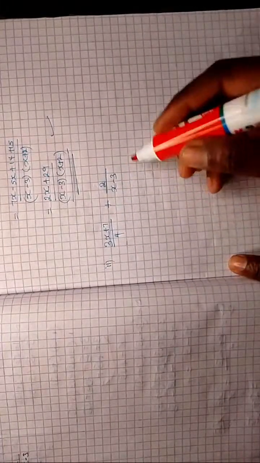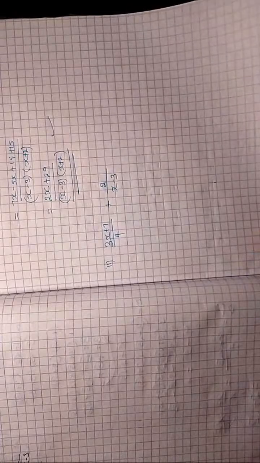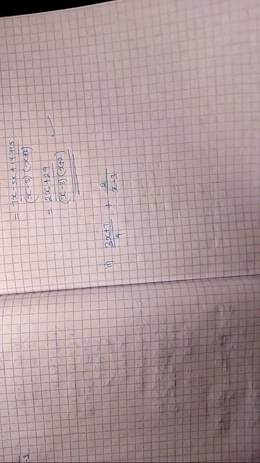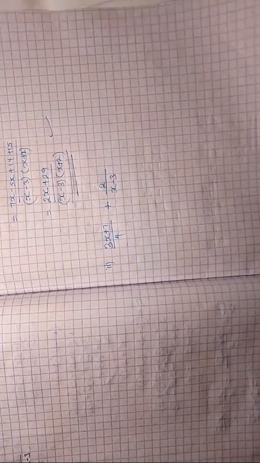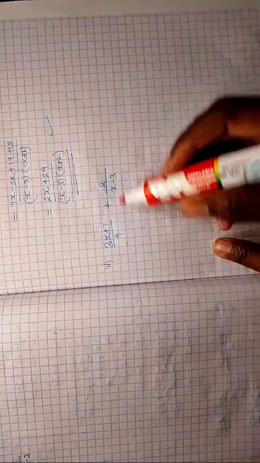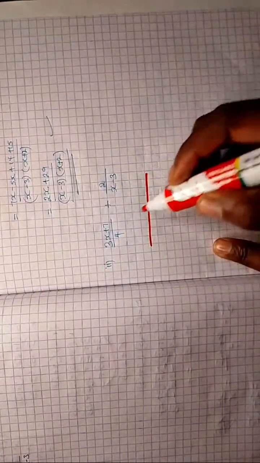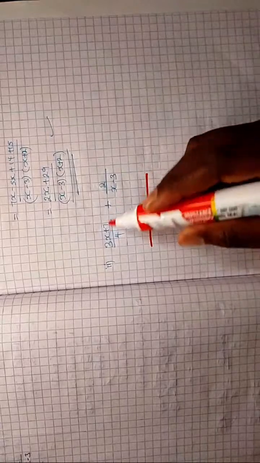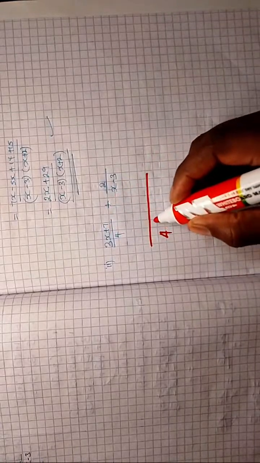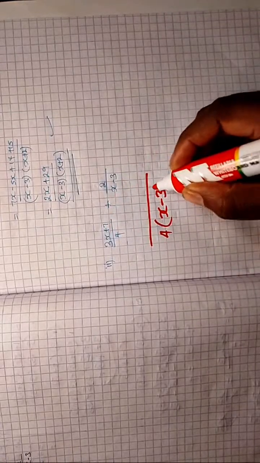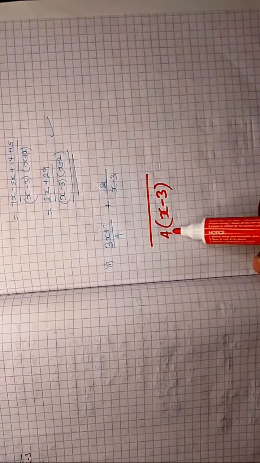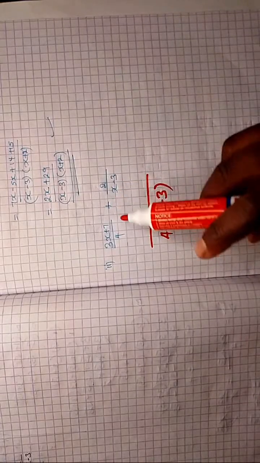For us to find the LCM of this one, it is going to be 4 into bracket x minus 3, because that is the LCM of it.